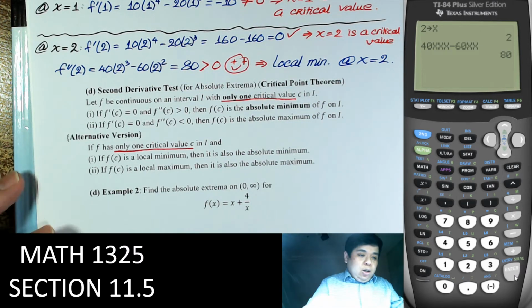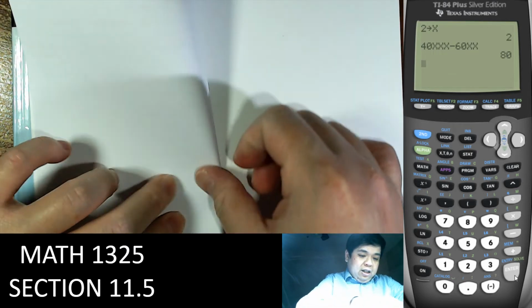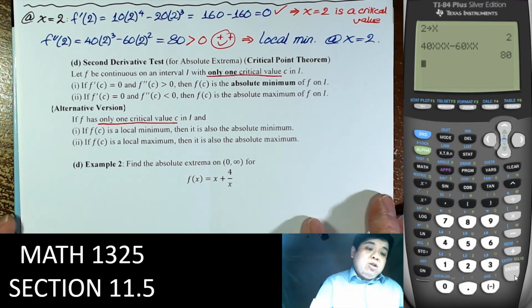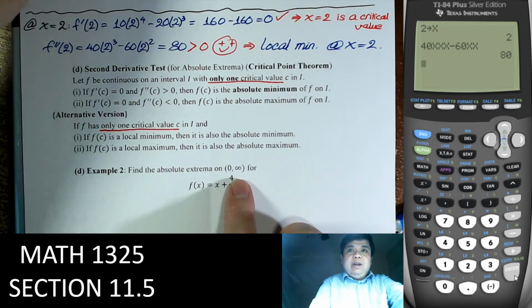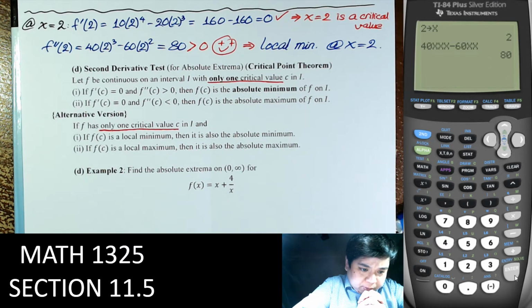Right. So why is that important? Well, we'll see that in the next two examples. Find the absolute extrema on the interval 0 to infinity. So at first, when we look at this, what is the problem with it?